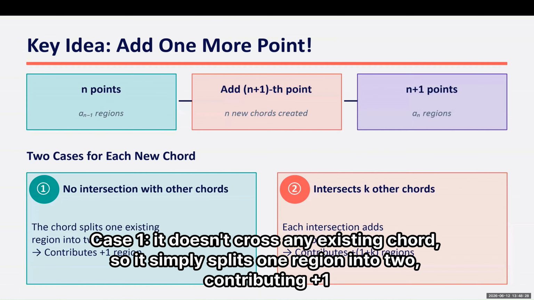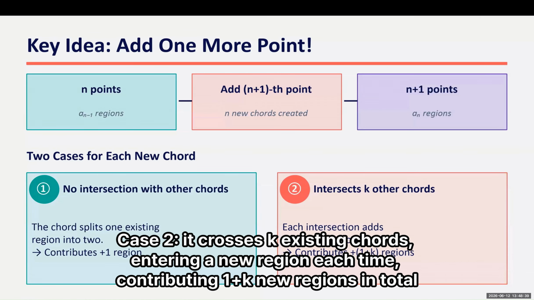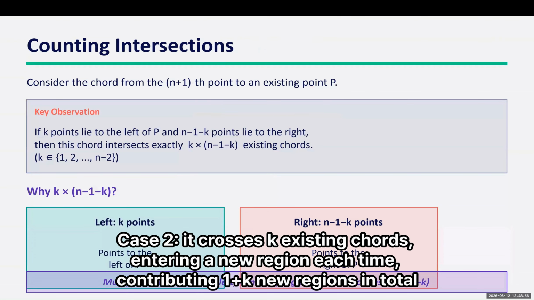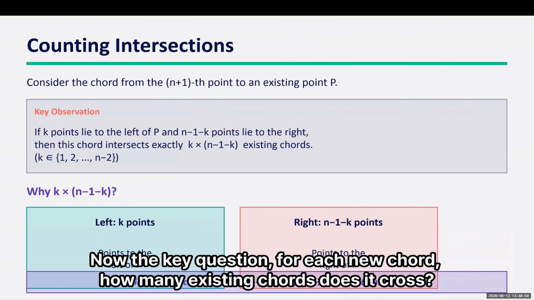Case 1, it doesn't cross any existing chord, so it simply splits one region into 2, contributing plus 1. And case 2, it crosses k existing chords, entering a new region each time, contributing 1 plus k new regions in total. Now the key question, for each new chord, how many existing chords does it cross?